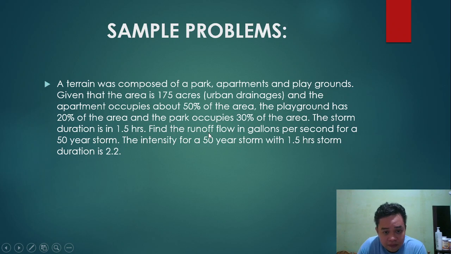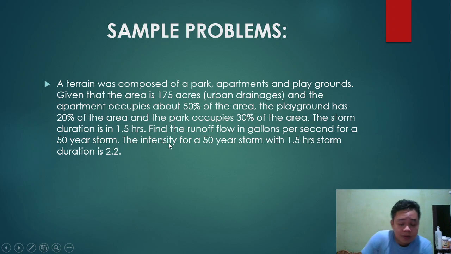Find the runoff flow in gallons per second for a 50-year storm. The intensity for a 50-year storm with a 1.5 hour storm duration is 2.2. So, in this problem, there are three significant types of drainages. We have park, apartments, and playgrounds in a 175-acre area.